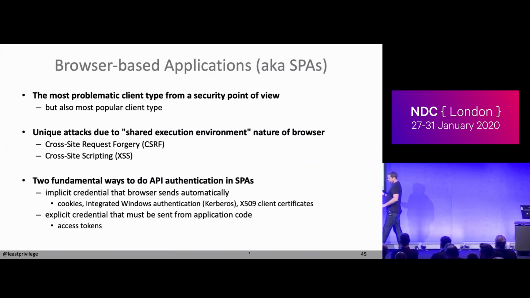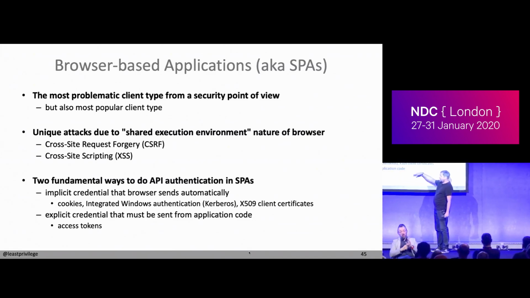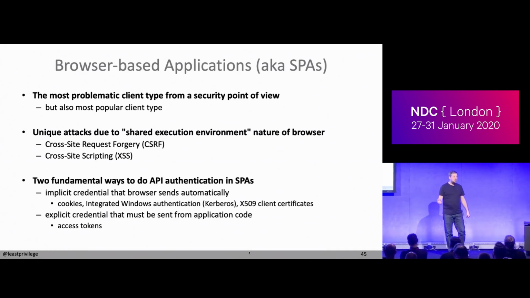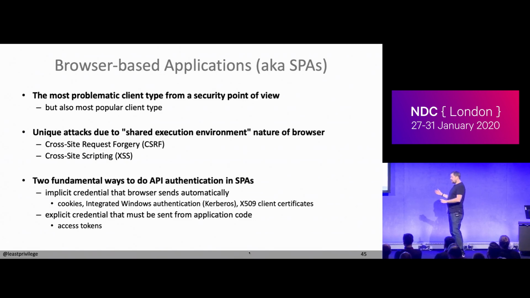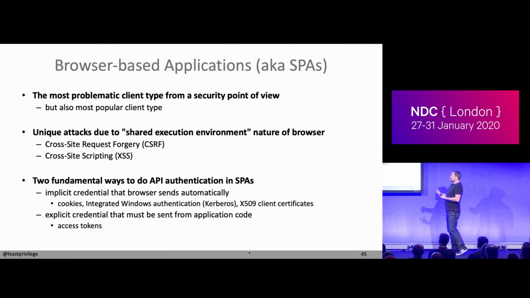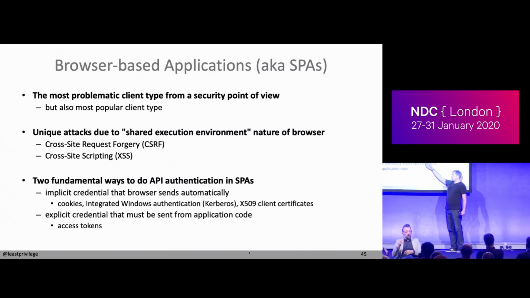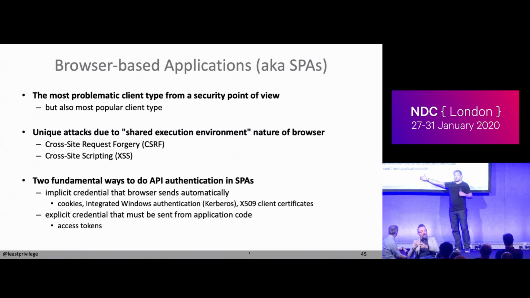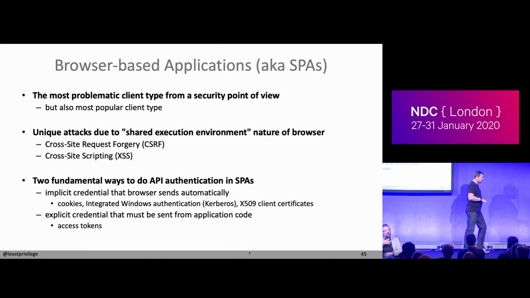So, fundamentally, there are two different ways to secure SPAs. Either one is using a credential type that the browser natively understands, like a cookie, for example, or you're using something explicit, which could be an OAuth access token, right? It turns out the cookie has the cross-site request forgery problem, and the access token has the cross-site scripting problem. So you choose which problem you prefer. Yeah?